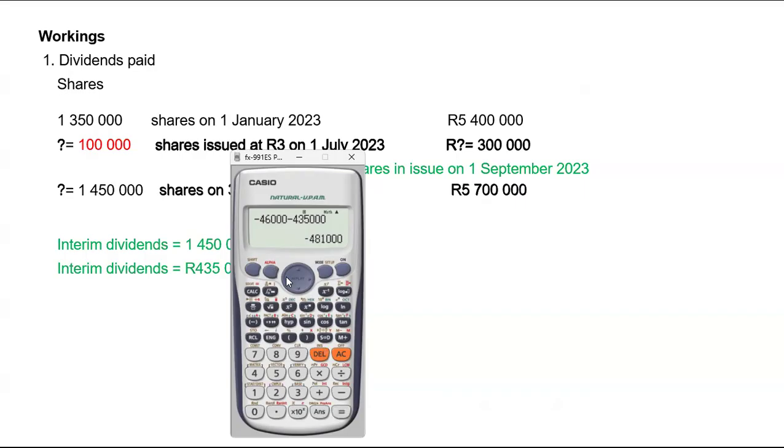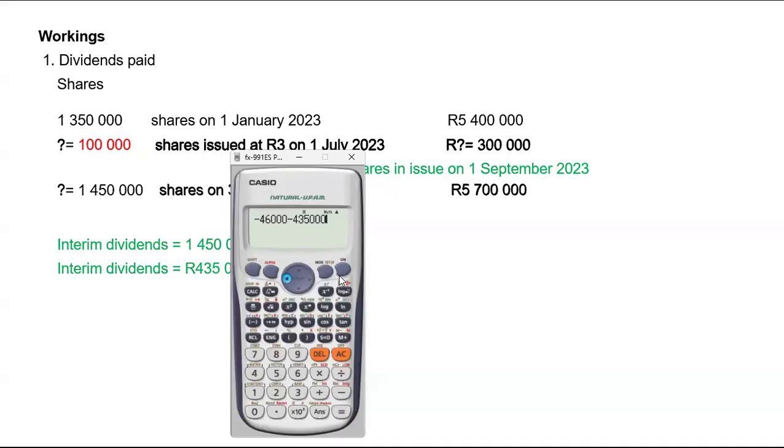Yes, this is this year's interim, and this is my dividends paid. The other one is actually wrong. So I will add this year's interim with last year's final, and that will give me my dividends paid. And that's it, guys.